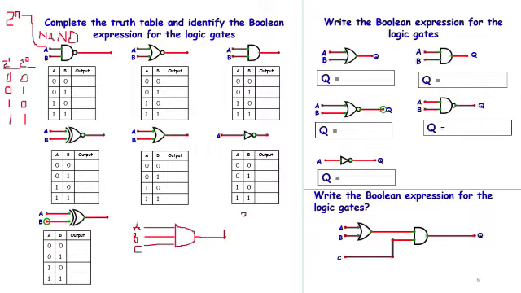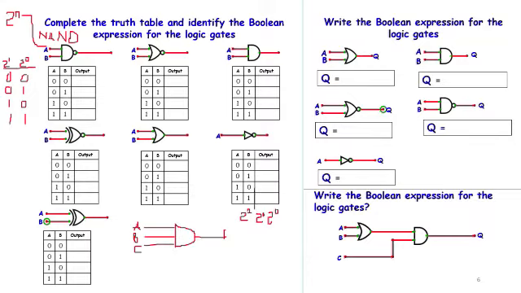Since there are 3 inputs, I'm going to begin from 2 raised to power 2, then 2 raised to power 1, and then 2 raised to power 0.